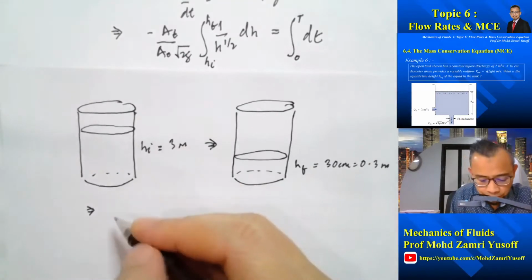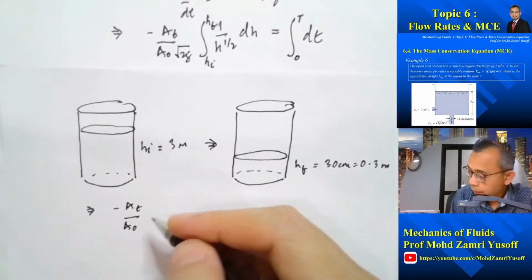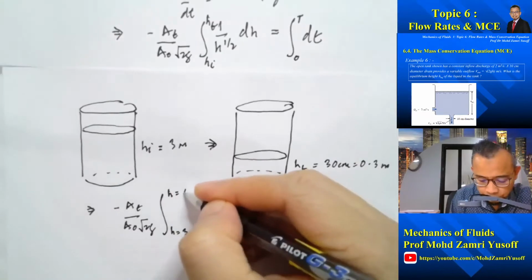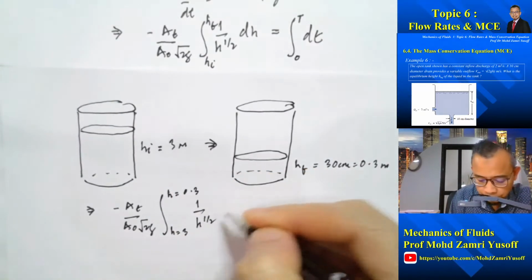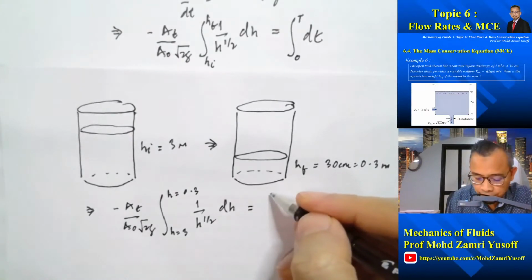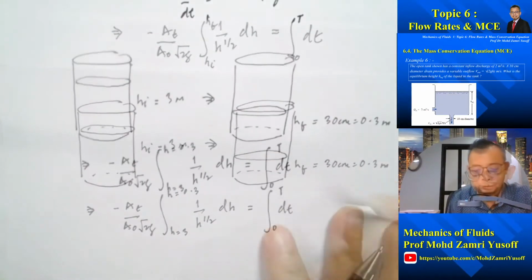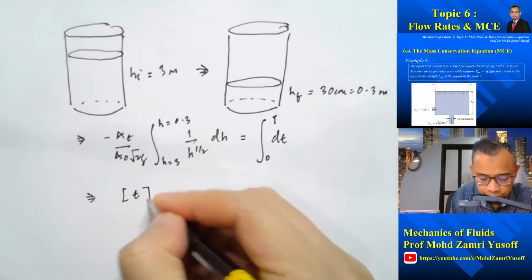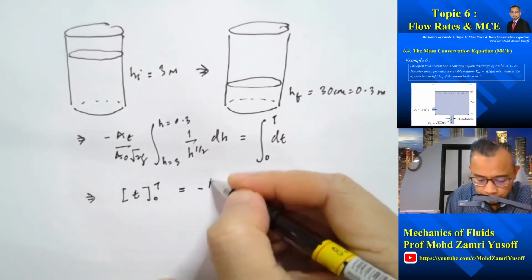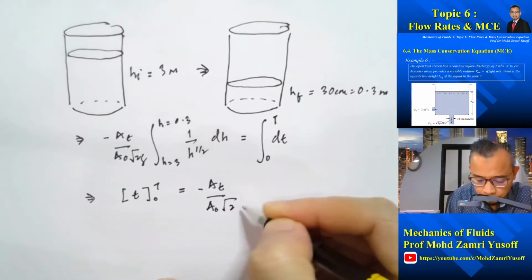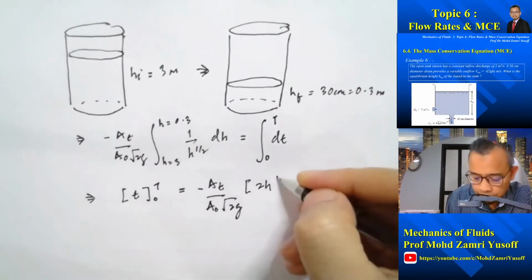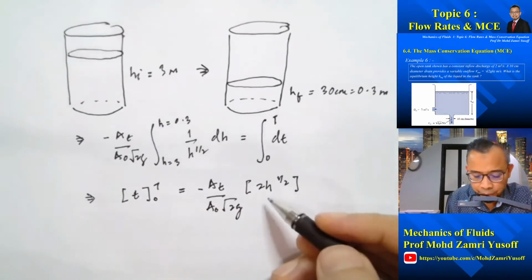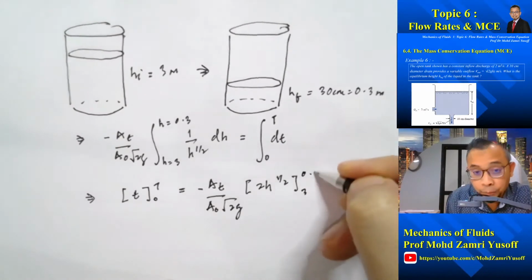So we need to integrate At over a naught root 2g from h equal to 3 to h equal to 0.3, 1 over h to the half dh, and that will be equal to dt from 0 to T. If we do this integration, because integrating gives h to the half multiplied by 2, we get minus At over a naught root 2g times 2 h to the half, from 3 to 0.3.